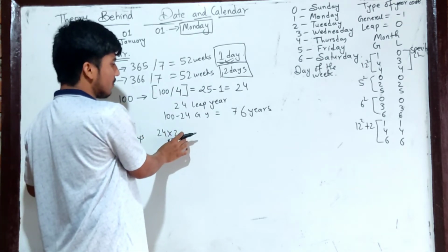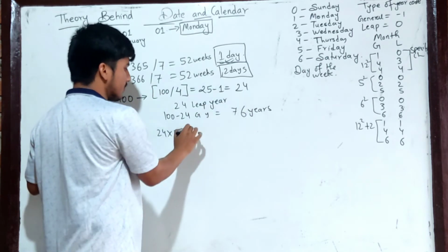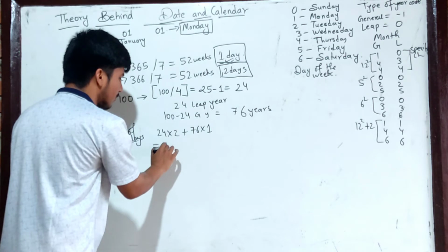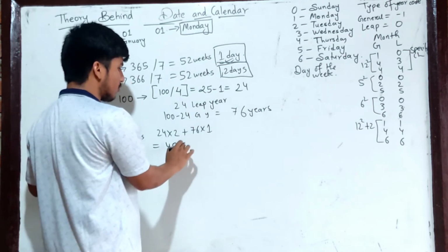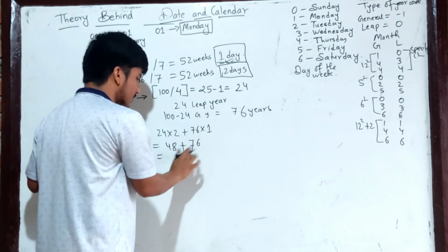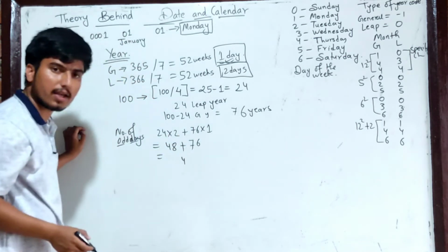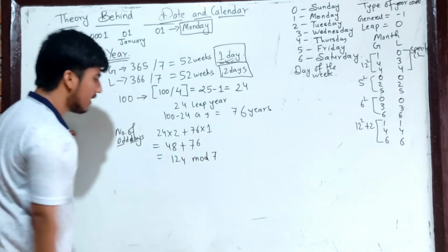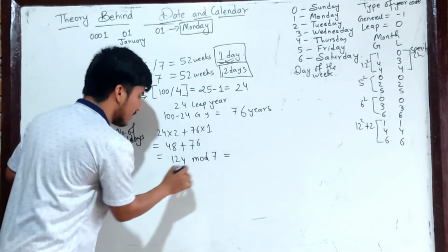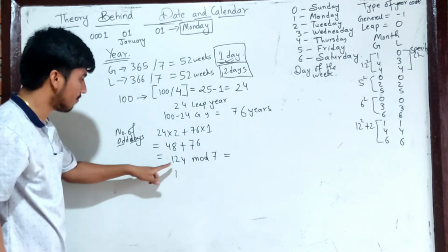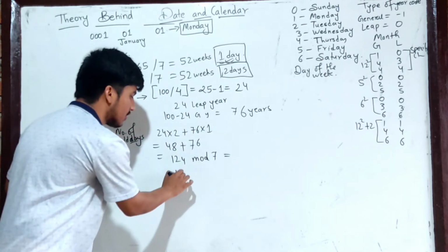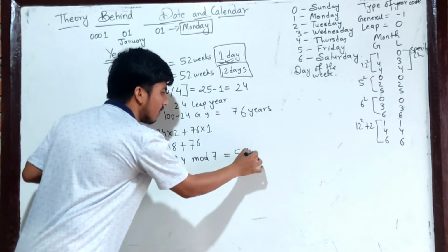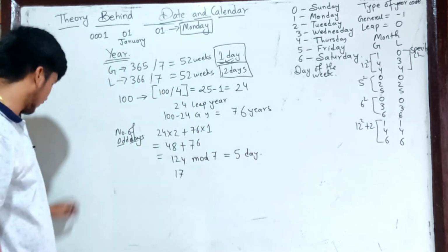So 24 times 2, plus in the general years 76 times 1 odd days. 24 times 2 is 48, plus 76 times 1 is 76, which gives 124. Now if we take modulo 7 here, 7 times 7 is 49, 7 times 17 is 119, so 124 minus 119 gives us 5 odd days in a century.